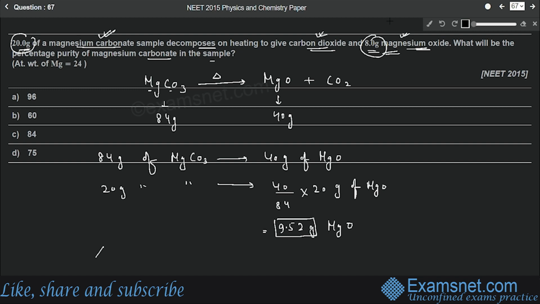So what will be the percentage purity of magnesium carbonate? Percentage purity will be 8 divided by 9.52 into 100. Okay, on solving this you'll get 84%. So this is the percentage purity of magnesium carbonate. Option number C, 84, will be the correct answer.